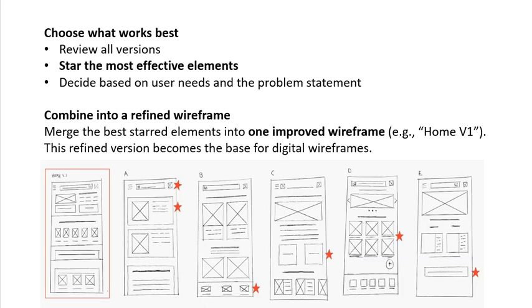Then complete the user flow: repeat the process for the key screens, like the menu, cart, checkout, and search, and focus only on the critical screens that support a smooth user journey.